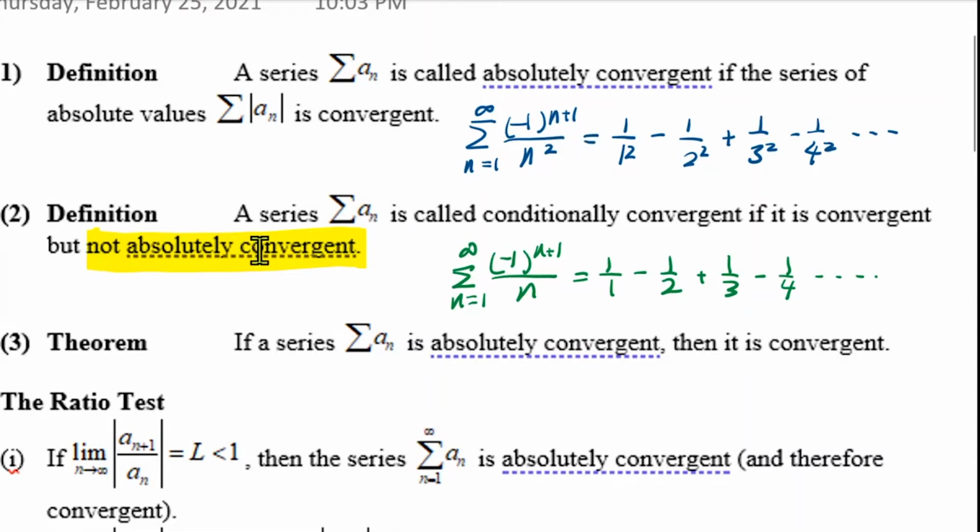Because you look at the definition, this highlighted part, this biggie. You have to show that this is not absolutely convergent, and then by the alternating series test it is convergent. You have to do both.